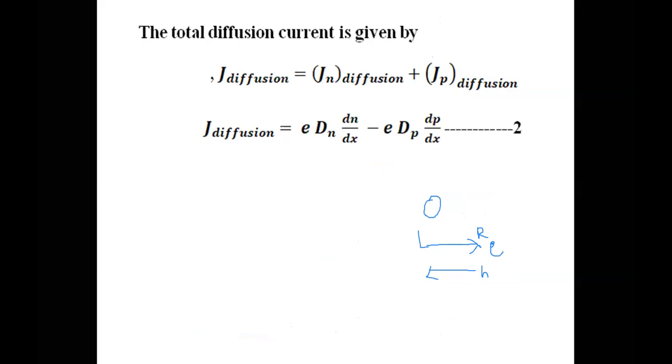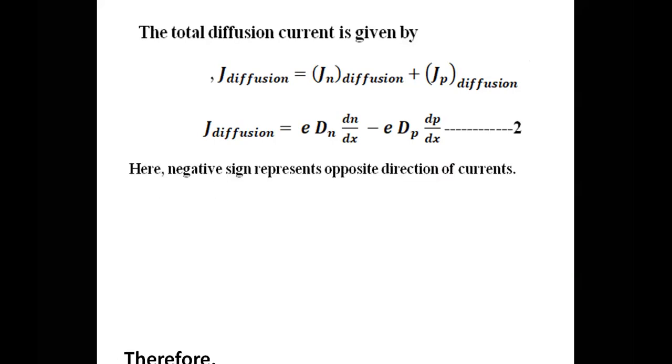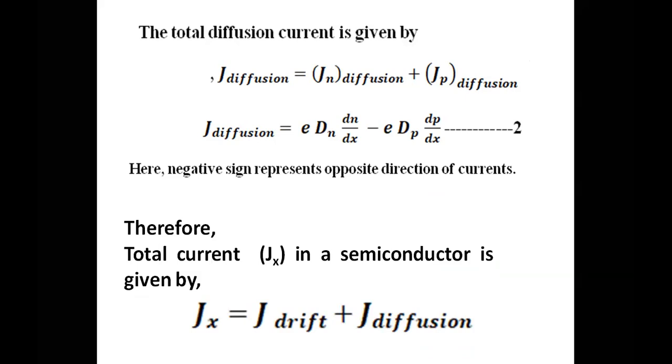Now we have seen till now the expression for drift current due to electrons and holes. Similarly, we have seen the expression for diffusion current due to electrons and holes, which are given in our equation number 1 and 2 respectively. Now let us go for the total current density within the semiconductor. The total current density is due to drift as well as due to diffusion.